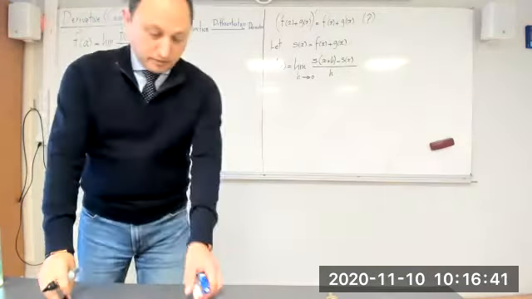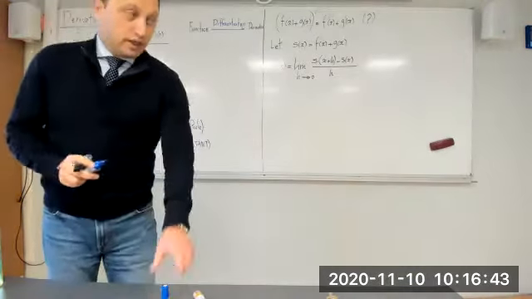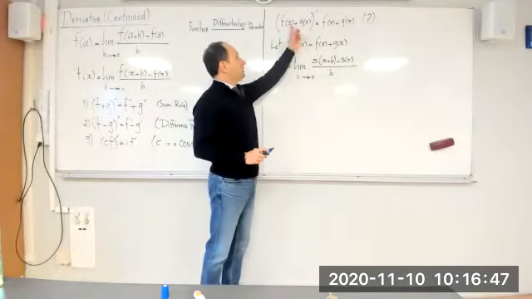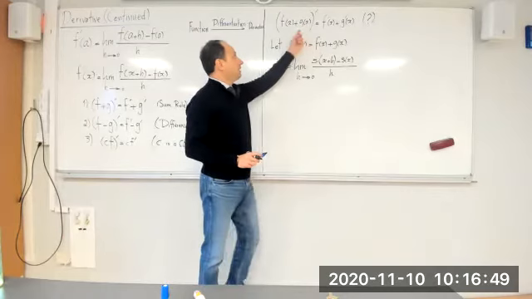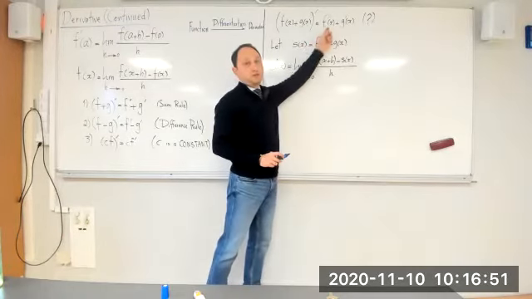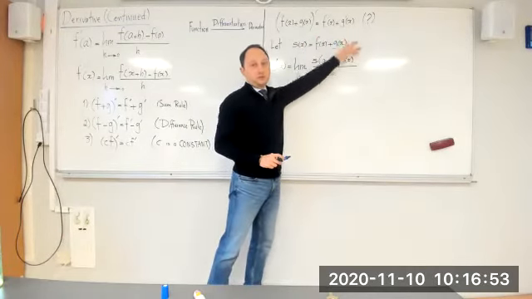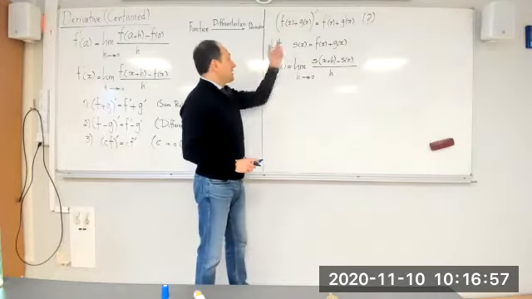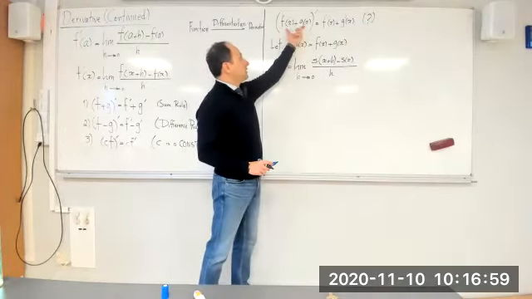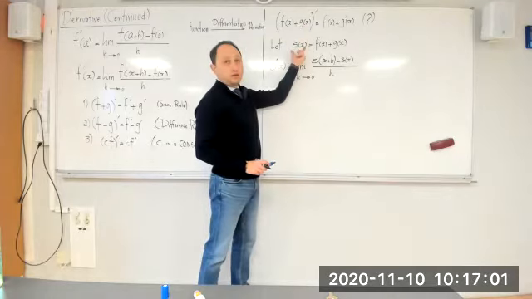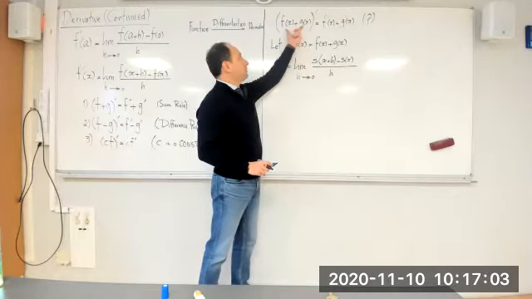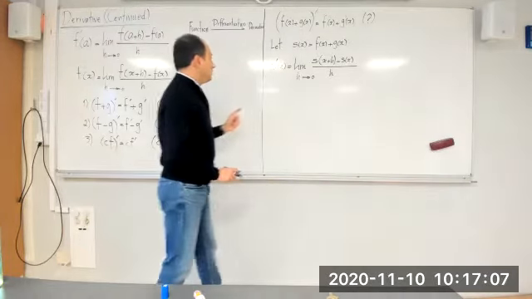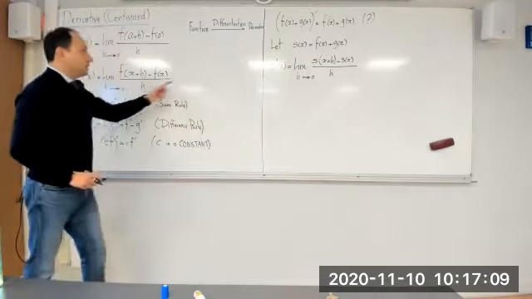Is that understandable? Here, I wanted to find the derivative of the sum, and I am claiming that it is the derivative of the first component plus the derivative of the second. So I call this function s of x and I am interested in calculating its derivative. According to this definition, the derivative of s of x is equal to that.